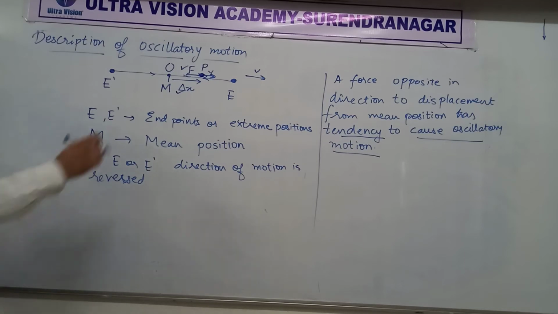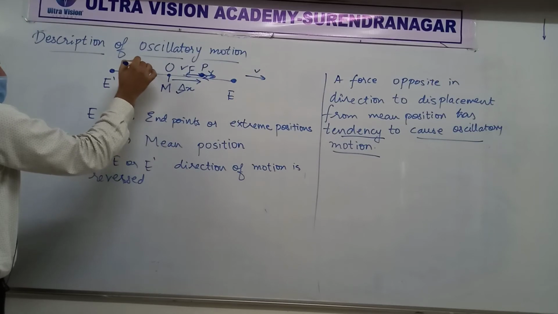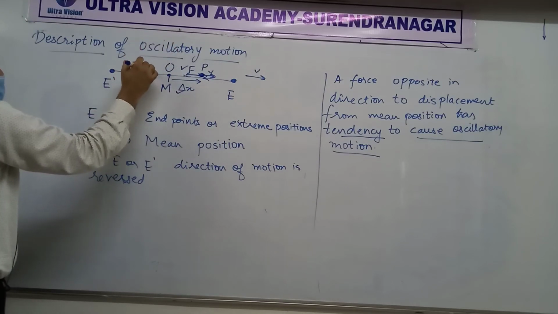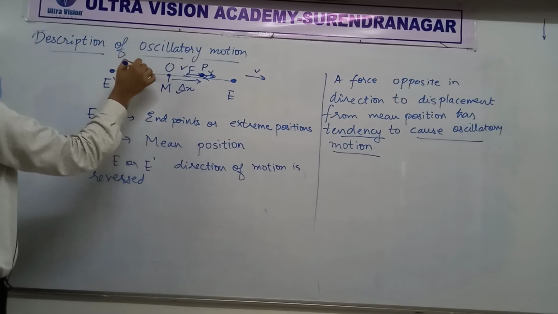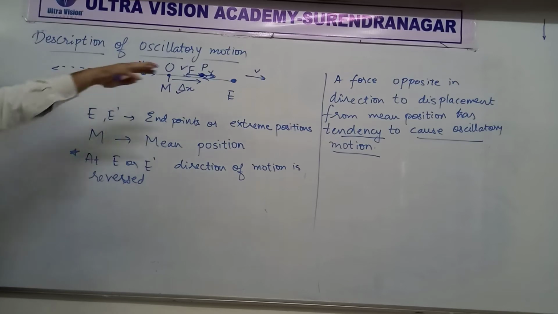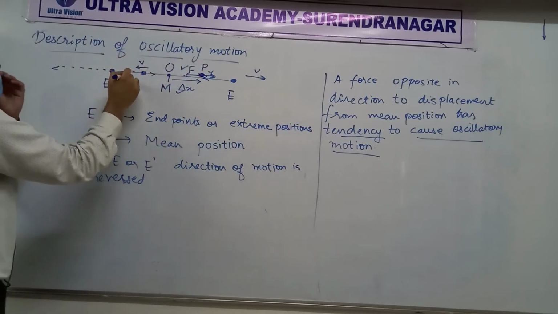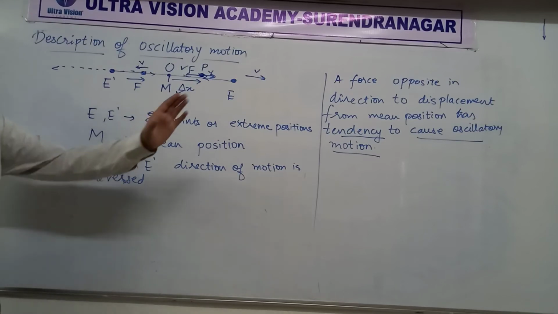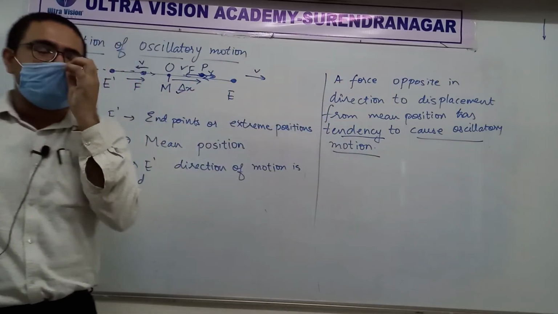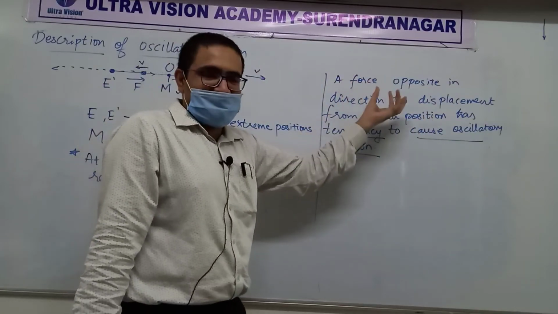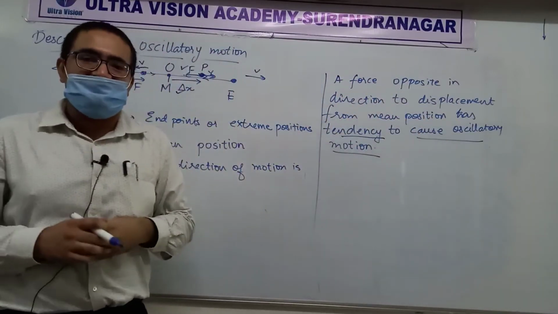Just like that, when it goes on this side, let's say now it's going in this direction, there also, if it will continue its motion in this direction, it will go away, it will not come back. So there has to be some opposite force, right? So that's what this sentence is telling you, that for oscillatory motion, you need to have some force which is opposite to the displacement.